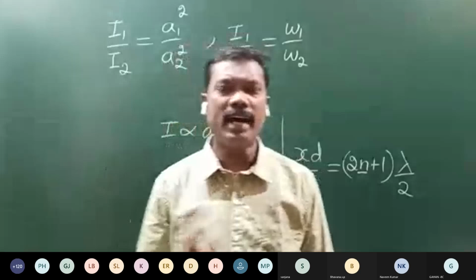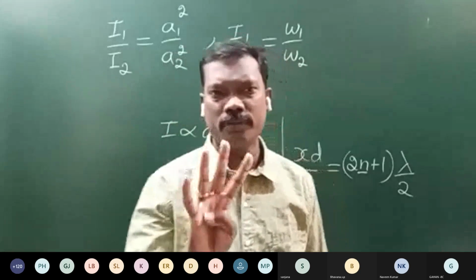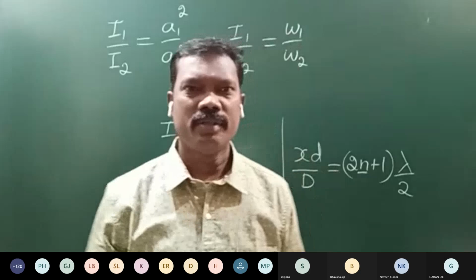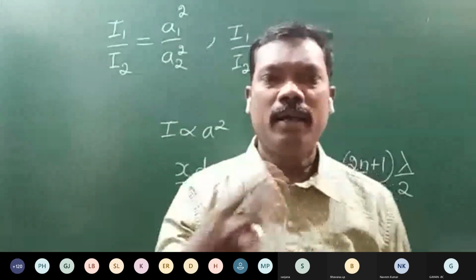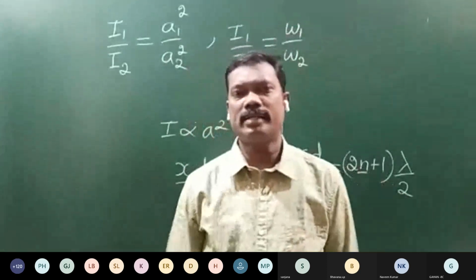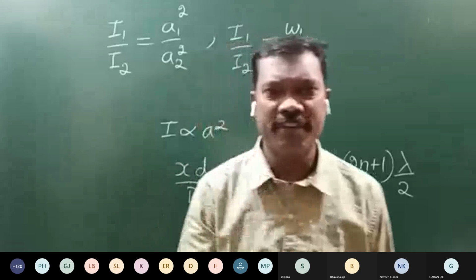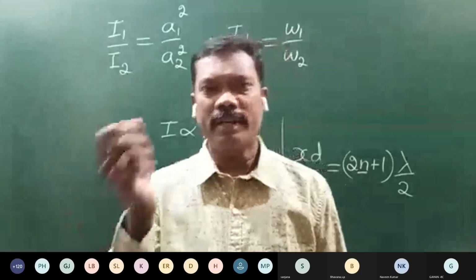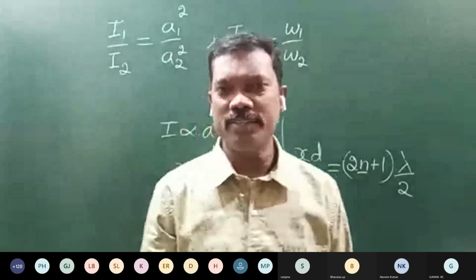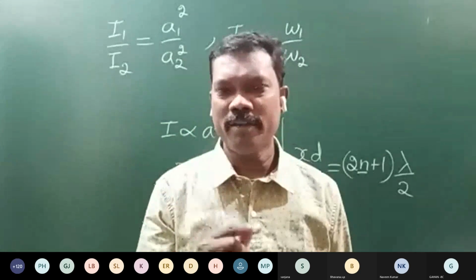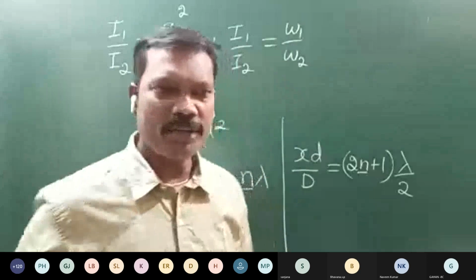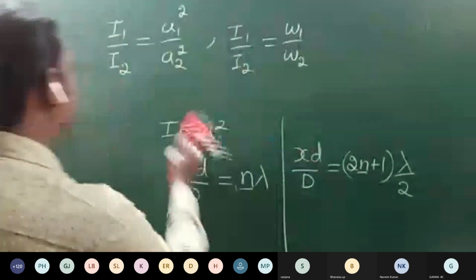For a fifth dark fringe, n is equal to 4. For a 10th bright fringe, n is equal to 10. For a 10th dark fringe, n is equal to 9. For fast calculation, remember this.